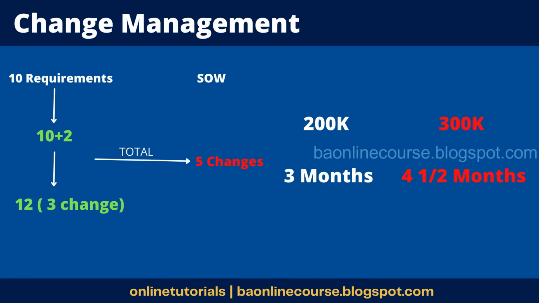The customer expects it to be done in 3 months, so the whole team has to work extra hours to deliver it for no fault of their own. So the change management process is very important to manage the cost and the timelines of the project. If the change management process is not there, it's very difficult to manage these situations.